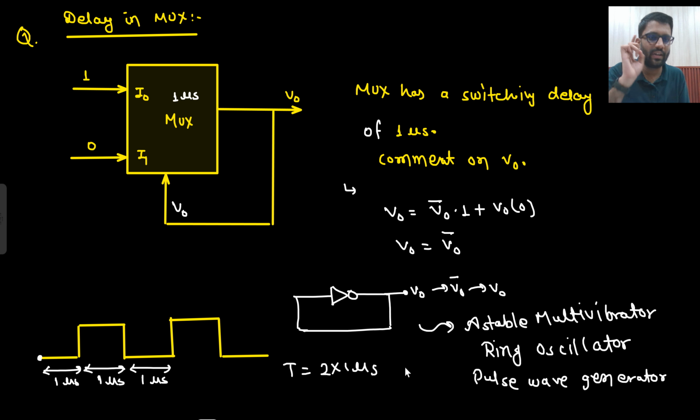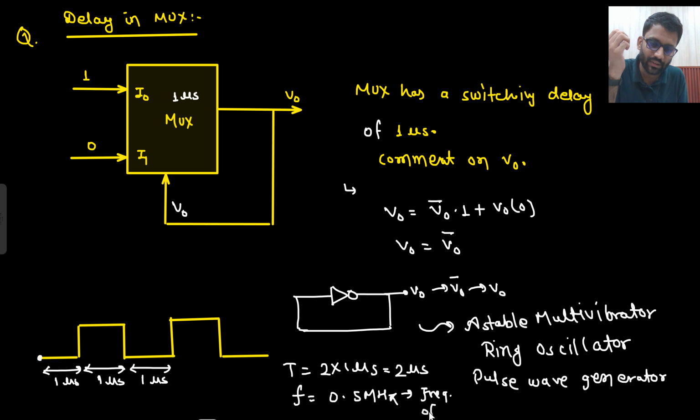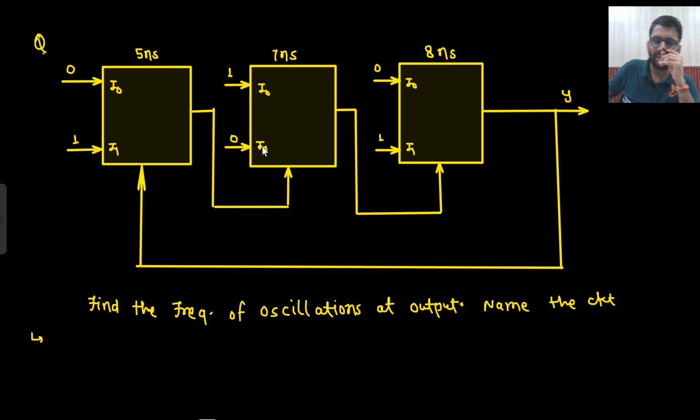If you remember this, we have already studied it in chapter 1. That's why I am dealing with it quickly. So the answer is 2 microsecond. So what is the frequency? That is 1 by 2 megahertz, so 0.5 megahertz. This is the frequency of oscillations. So if someone is asking you this particular question and asks to find the frequency of oscillation, the answer would be 0.5 megahertz. Let's solve this question.